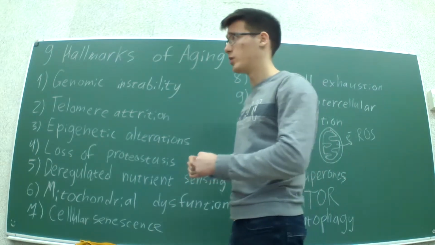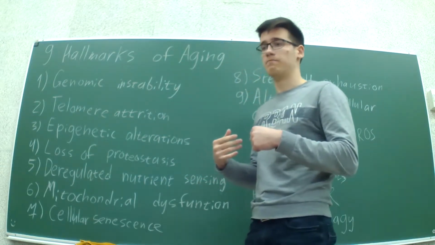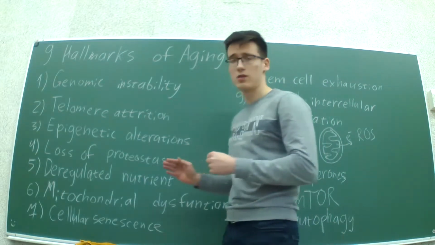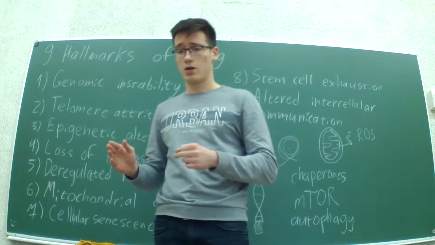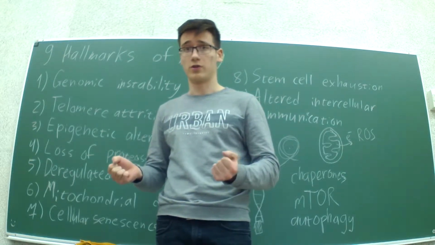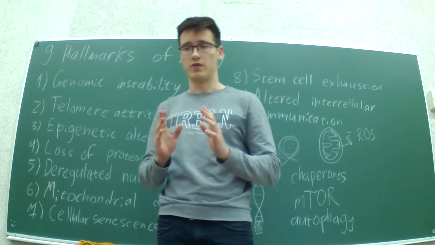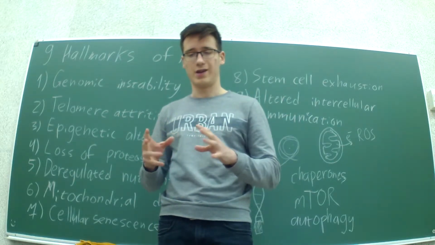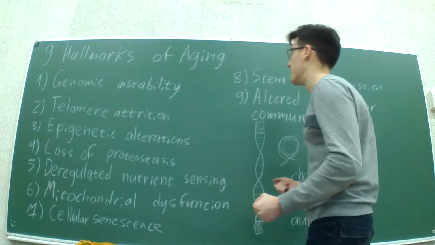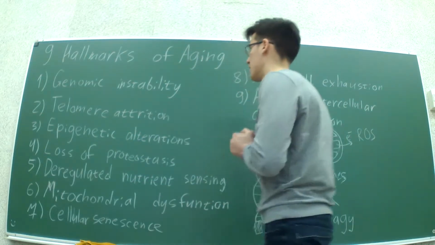Some of them we'll discuss in more detail than the other ones, but this is just multiple those hallmarks, just to give you a little bit of understanding of what aging is and what we can do about it. So the first hallmark is genomic instability.